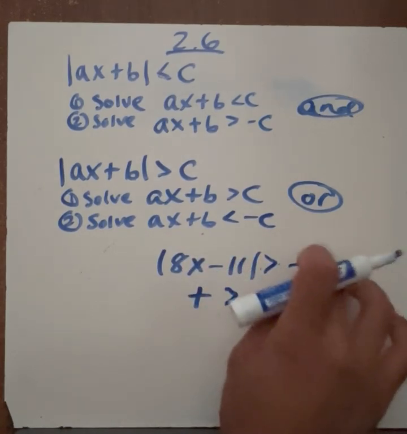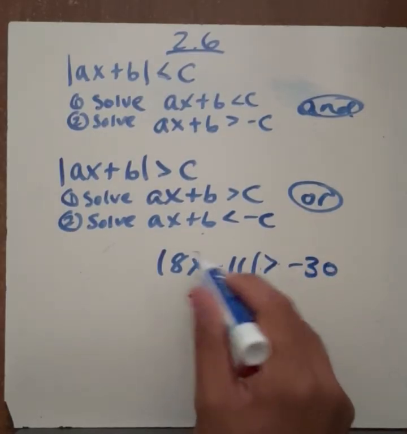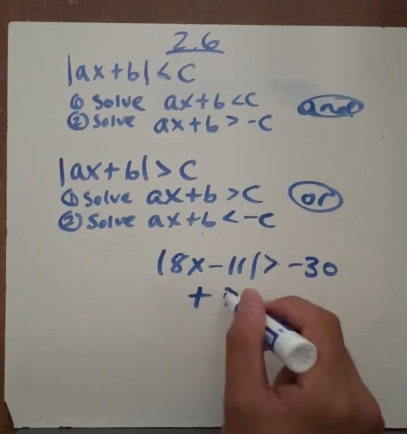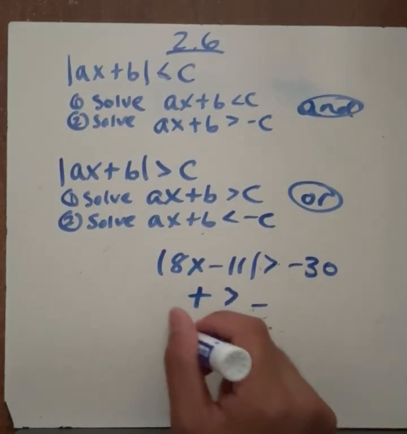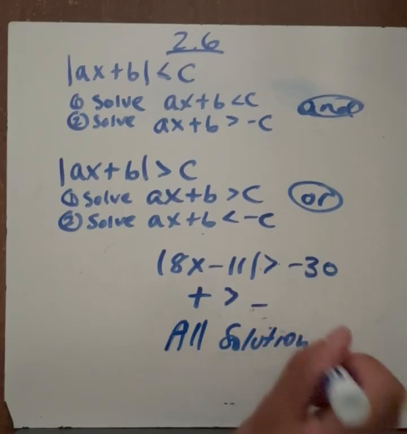Like this could have been negative 5, it could have been negative 30. We know that this was going to be positive at the end of the day, and this is a negative number. So we know that positives are greater than negatives. So this is going to be all solutions.